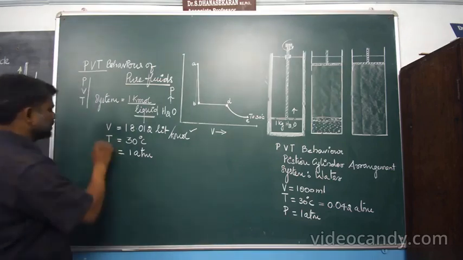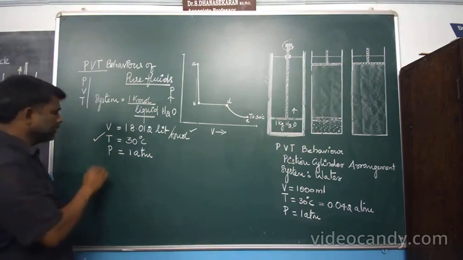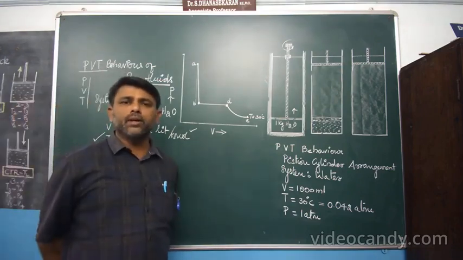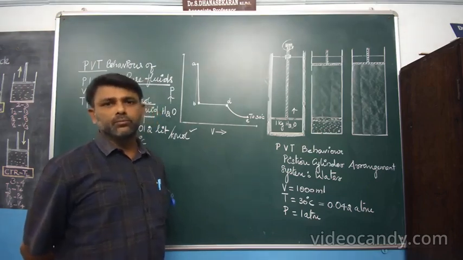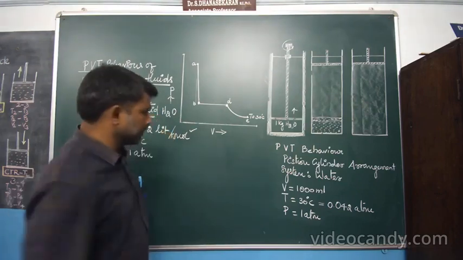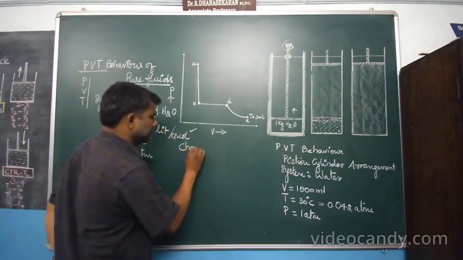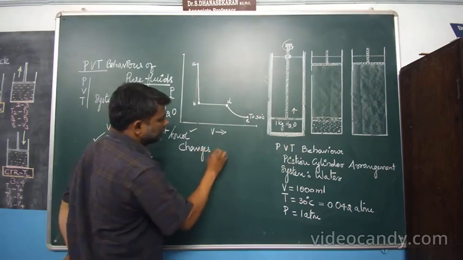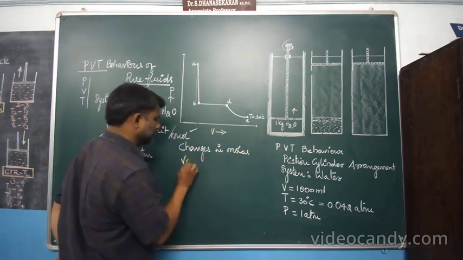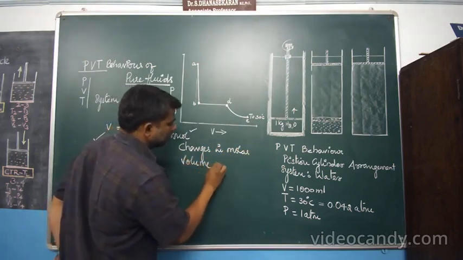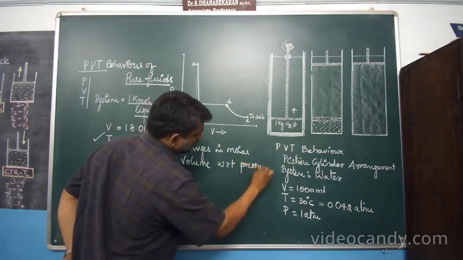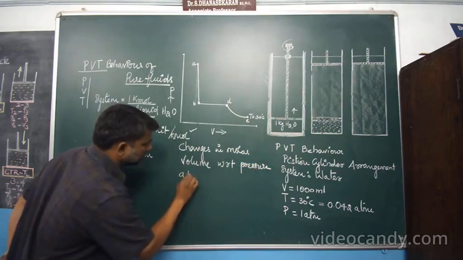Now I am going to change the pressure. Initially temperature is fixed. I am going to change the pressure of the system and monitor the variation of molar volume, that is, changes in molar volume with respect to pressure at constant temperature.